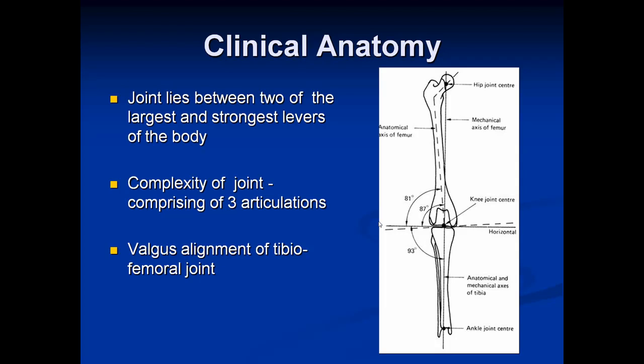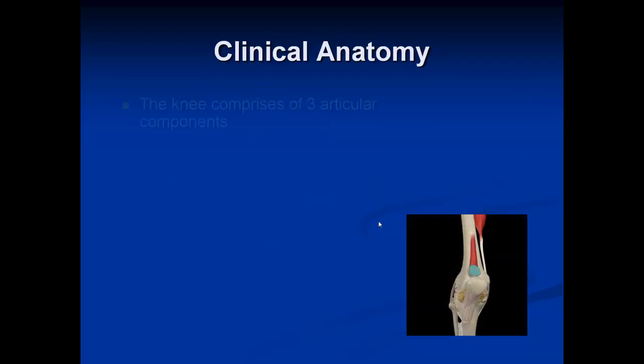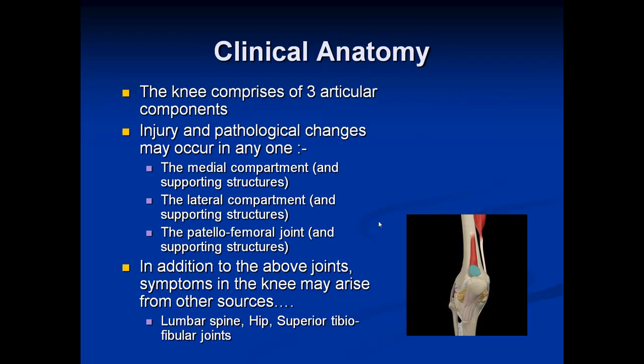There are three articulations: the tibiofemoral joint, the patellofemoral joint, and also included in this area is the tibiofibular joint. There is relatively a varus alignment of the tibiofemoral joint. The knee can also be considered as the medial and lateral compartment and the patellofemoral joint.